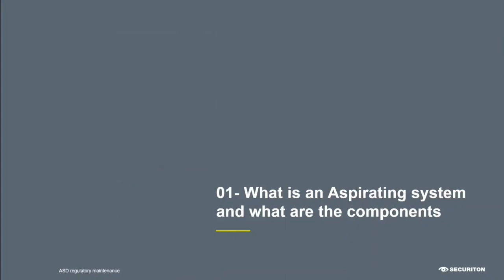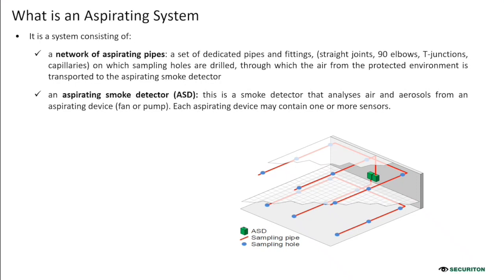So let's start. What is an aspirating system and what are the components? I imagine that most of you already know what an aspirating system is, but we just give a brief introduction for people that don't know.